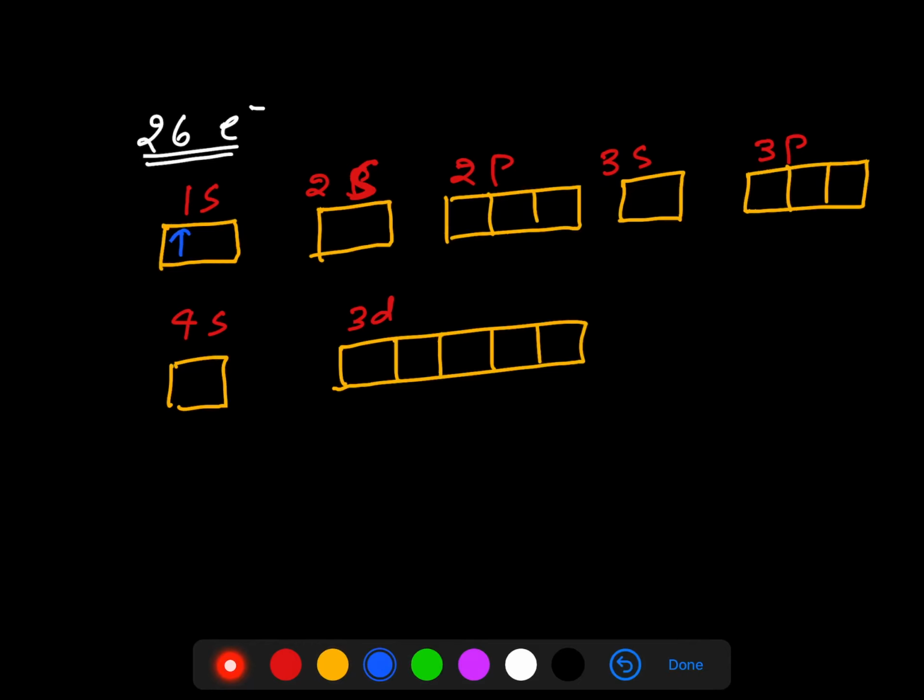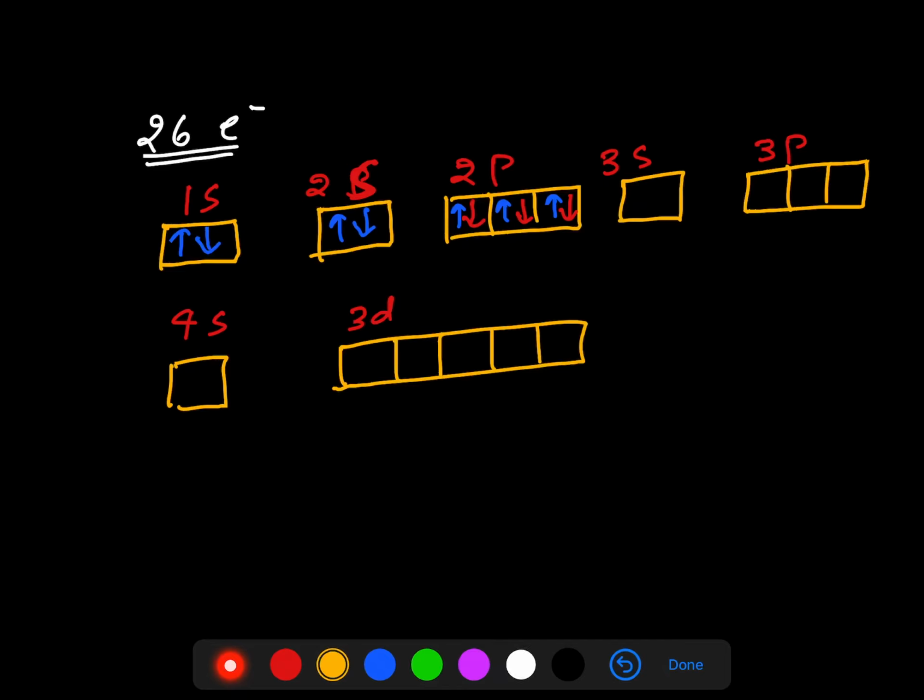So 1s can take a maximum of 2 electrons with opposite spins. Then we'll move to 2s. We arranged 4 electrons, 22 more electrons to arrange. 2p will have this electron, 5th, 6th, 7th, then 8th, 9th, and 10th electrons, right? According to Hund's rule. So 10 electrons are arranged.